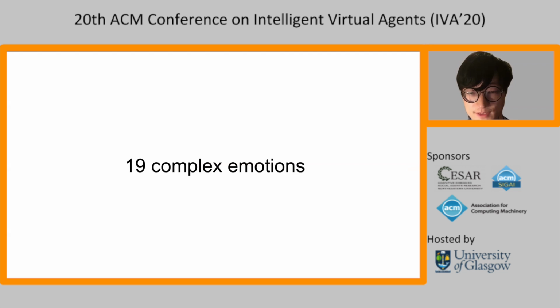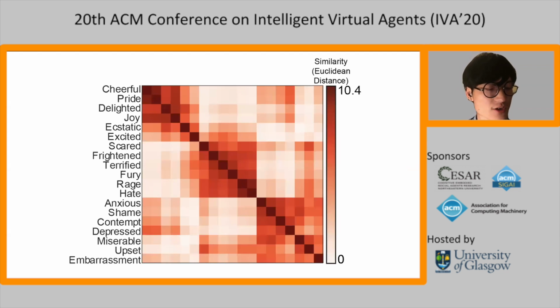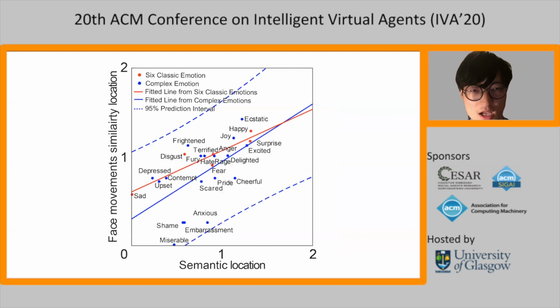For brevity of the presentation, we will only show the correlation of the distribution pattern. But the key point is how well the facial expression similarity of the basic 6 emotions and complex emotions matches the semantic mapping of these words in the valence space.